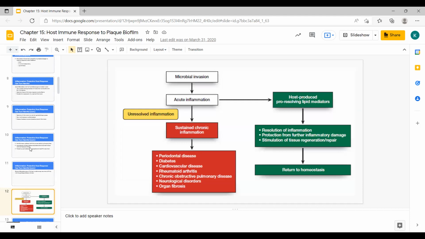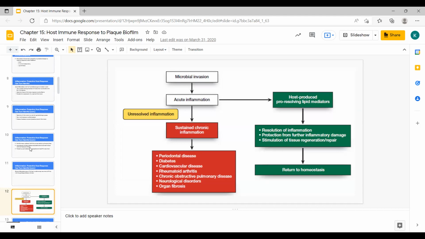So this is just a little flow chart. We have the microbial invasion, which leads to acute inflammation. The host produces pro-resolving lipid mediators, leading to the resolution of inflammation, protection from further inflammatory damage, stimulation of tissue regeneration or repair, and return to homeostasis. That is if everything goes well, we flow into the green.